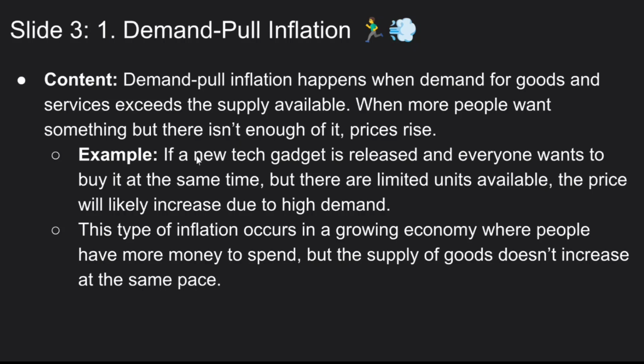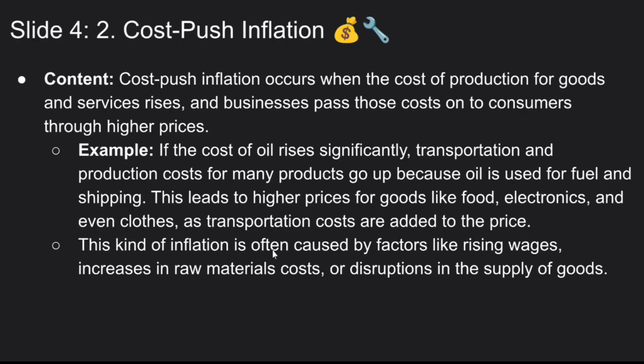An example of this is, let's say a new tech gadget comes out and everybody wants to have it at the same time, but there's limited units available. Well, the price is likely to increase as there is high demand, and naturally, some people will be willing to pay more to have the privilege. This type of inflation generally happens in a growing economy, where people have money to spend, but the supply of goods has not kept up.